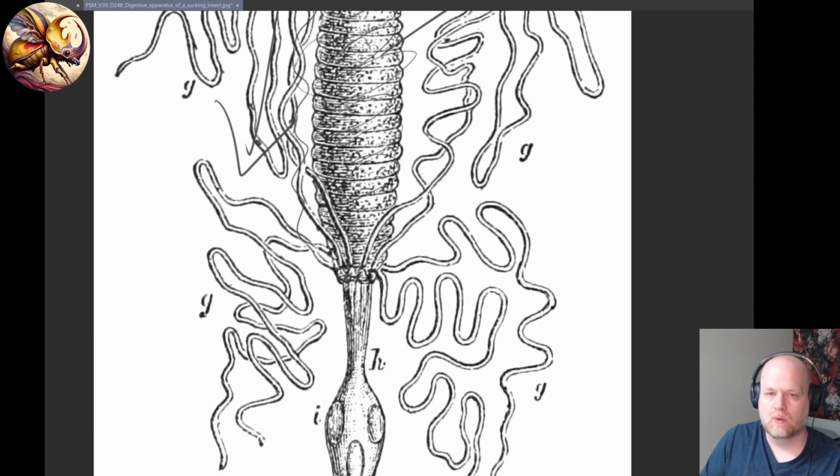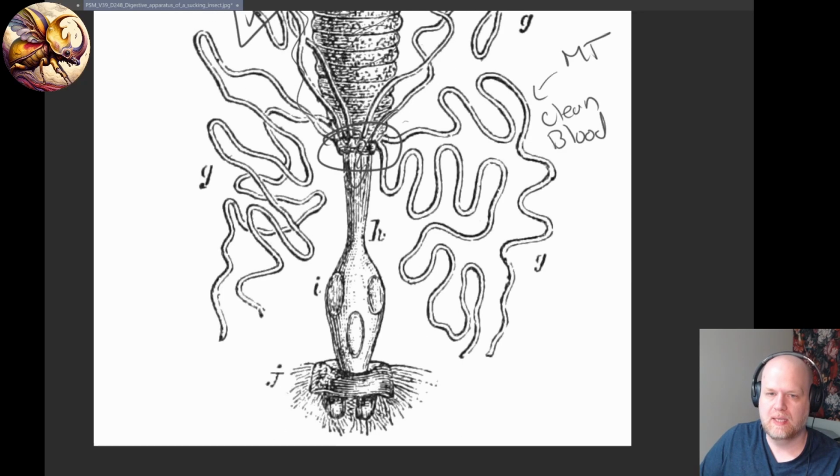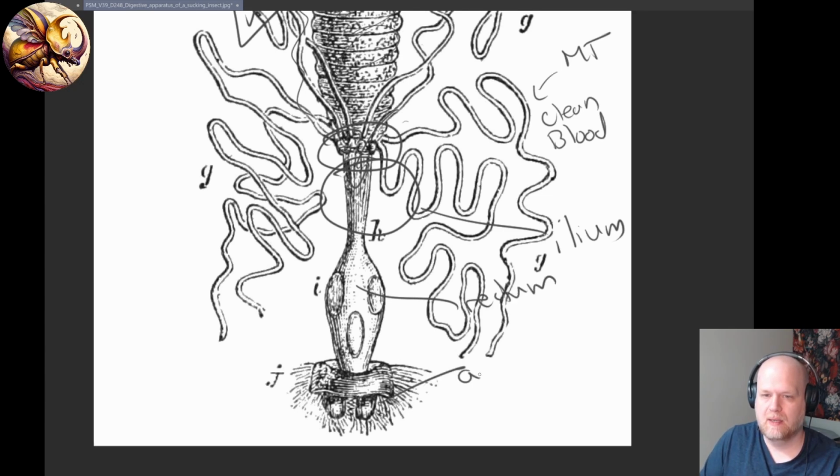Then you have the pylorus here, the pyloric sphincter with the Malpighian tubules attached. These are the Malpighian tubules used to clean blood. And they dump their waste products on top of the food waste and into the ileum of the hindgut. This is the ileum. And then this is the rectum and the anus.